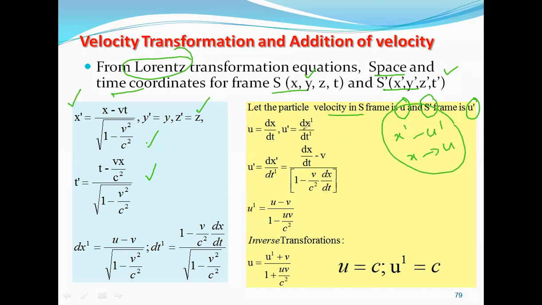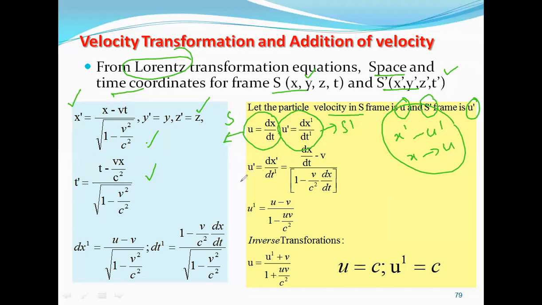Velocity is the rate of change of displacement, so similarly in the other frame, u prime equals dx prime by dt prime. This is the S prime frame.